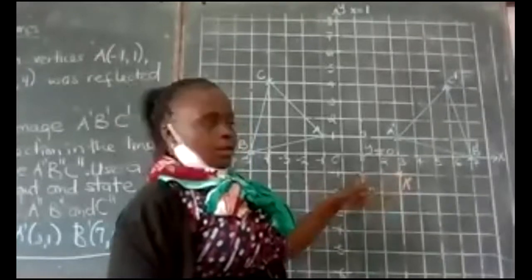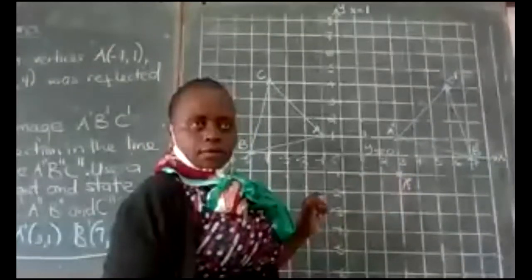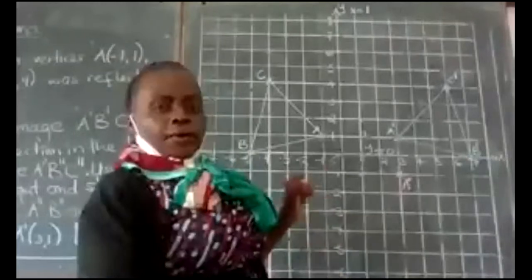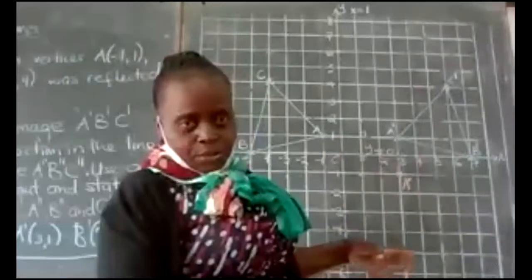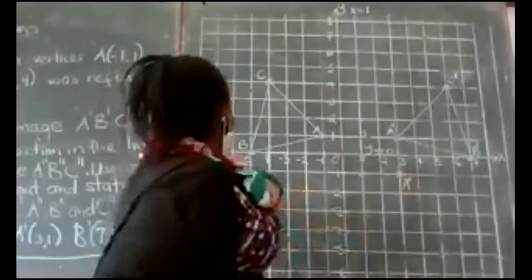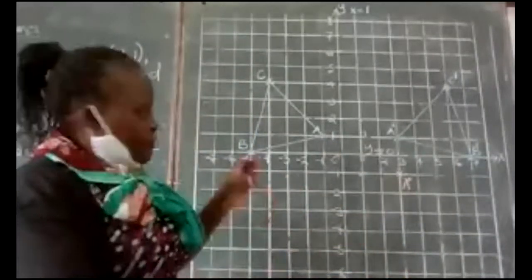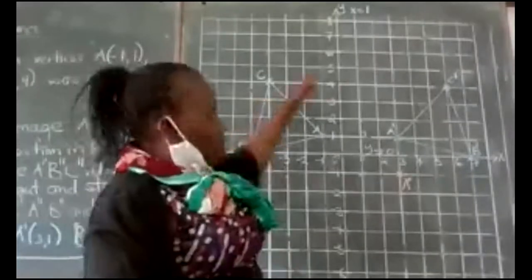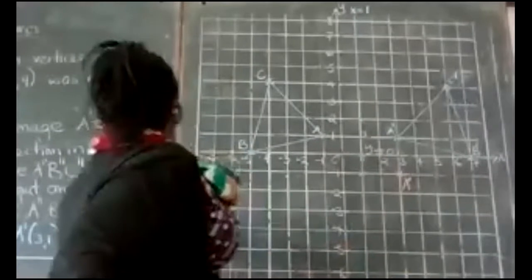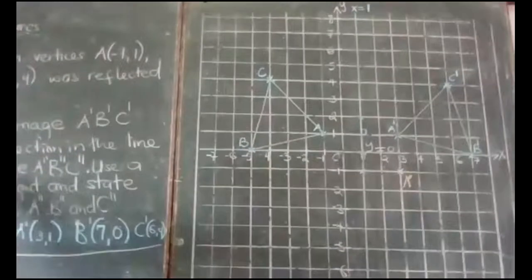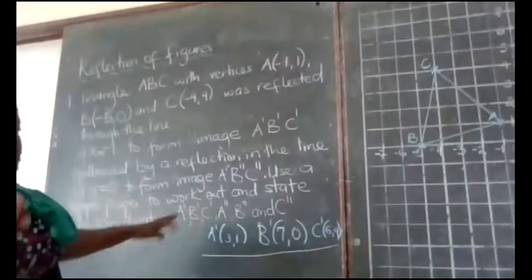There's a question, are they supposed to draw another graph paper? You need to clarify that. We are using the same graph paper since it is one question. So this question is 1, therefore we draw all these on the same graph. So use the graph paper to work out and state the coordinates.